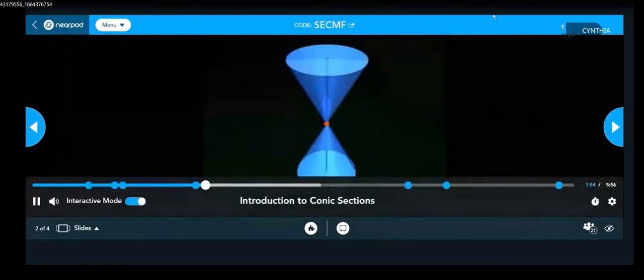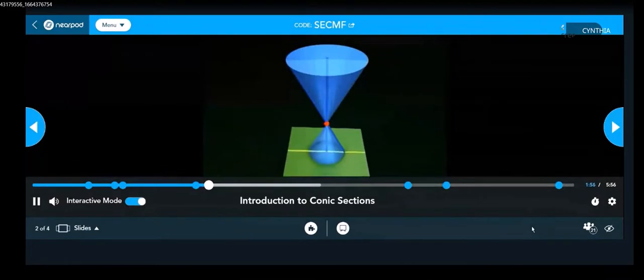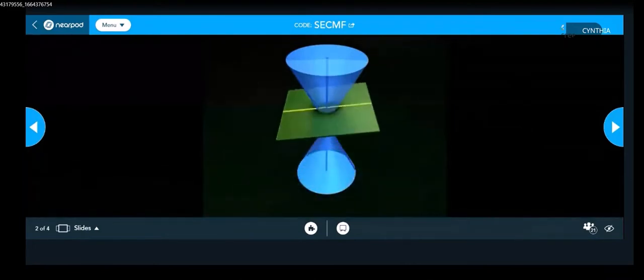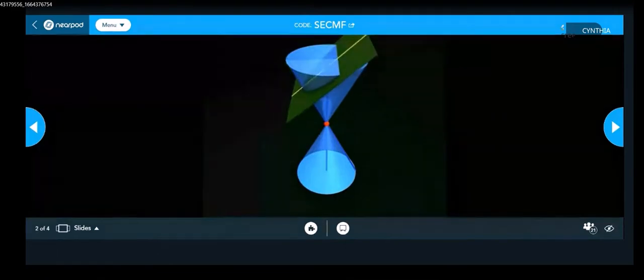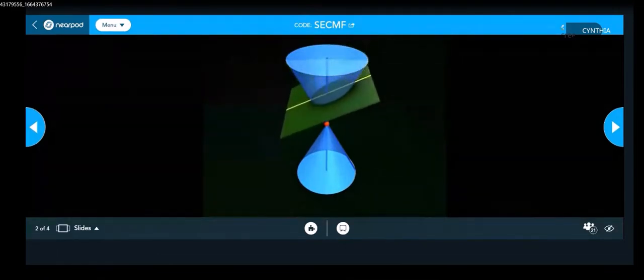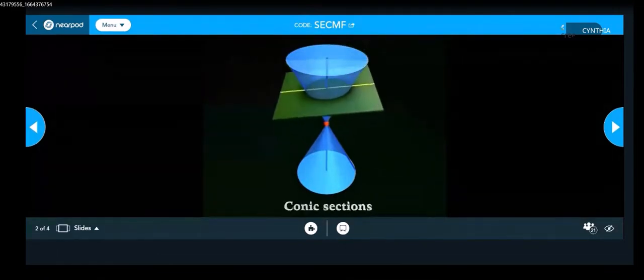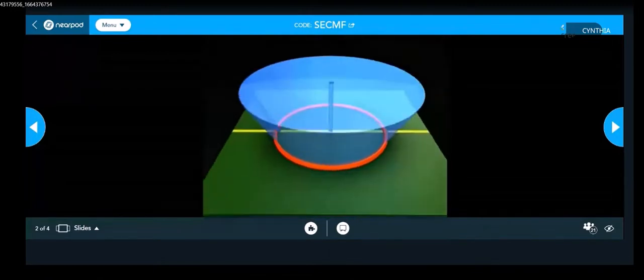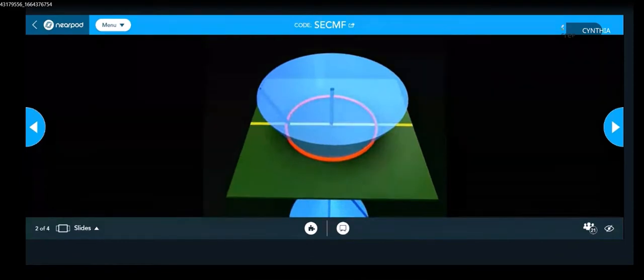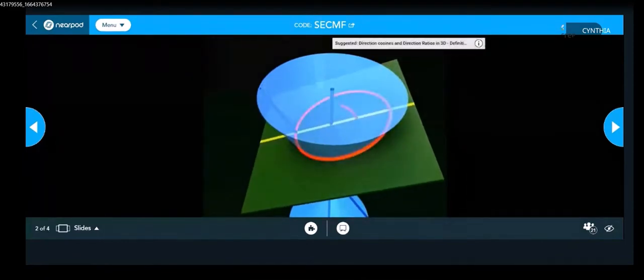Let's look more into conic sections. If a plane intersects a double right circular cone, we form two-dimensional curves of different types. These curves are what we call conic sections. Depending on the angle made by the plane with the vertical axis of the cone, the plane can cut the cone in three different ways.